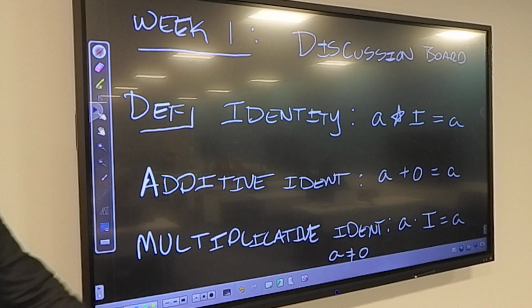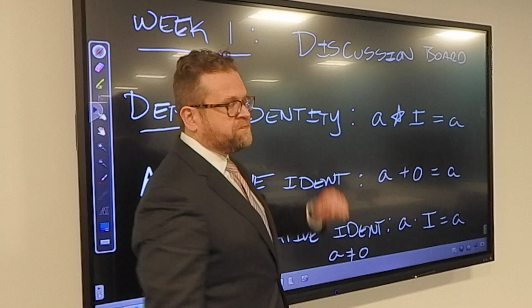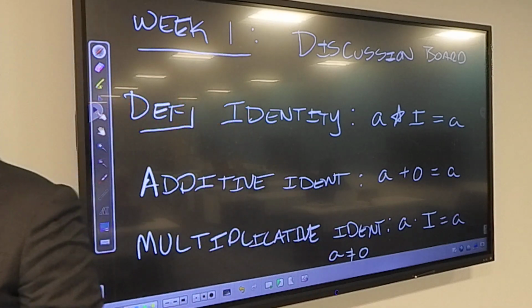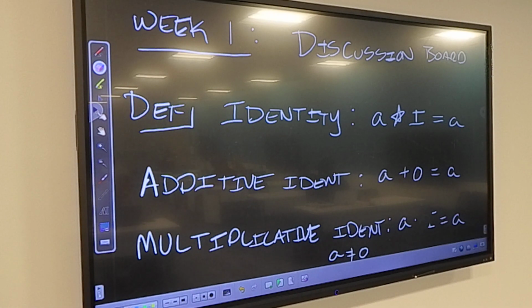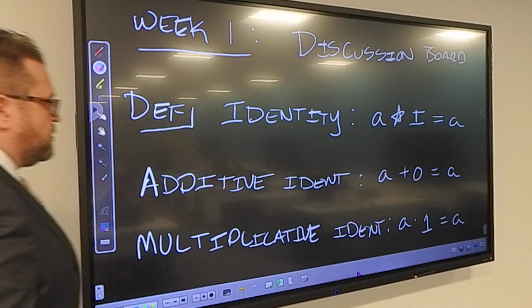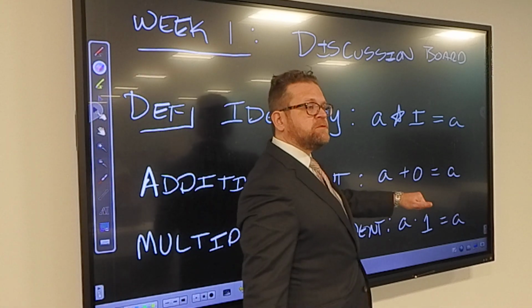What is that unique number? 1. 1 is the multiplicative identity. Actually, I spoke too soon with the a different from 0. You can actually have a be 0 here, because 1 times 0 is 0. It comes out identical. Right?